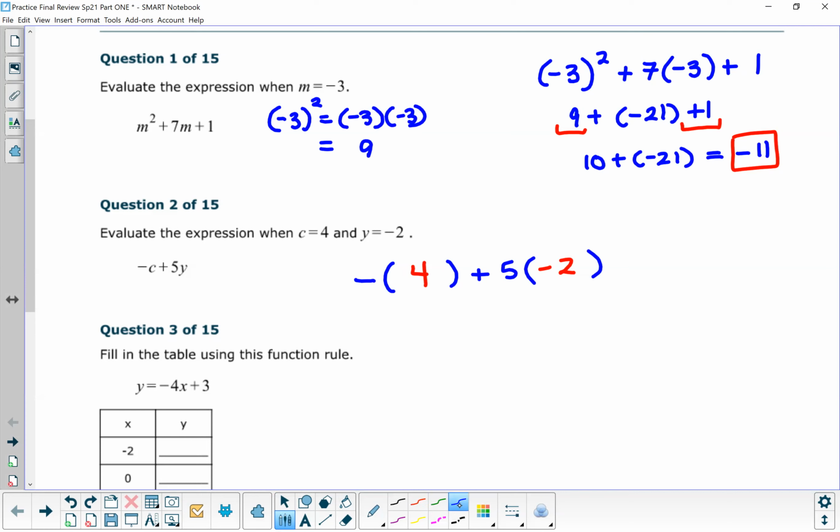All right, so we have multiplication, so 5 and then -2, so that gives us -4 plus -10. So we're adding two negative numbers, same sign, add, keep the sign, so that gives us -14.